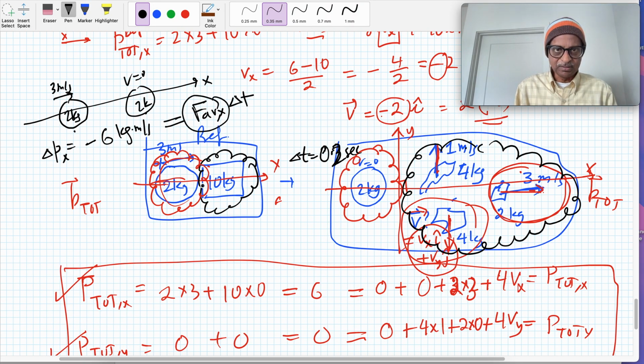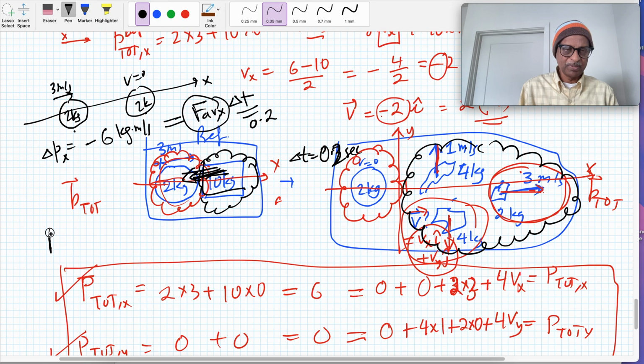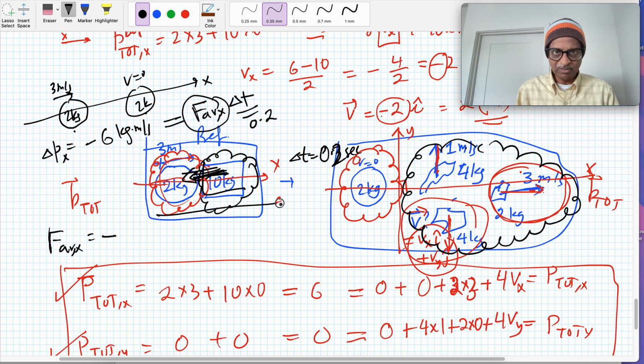This is the average force that this box applied on this 2 kilogram, and delta t is 0.2 seconds. Clearly average Fx is negative, because the positive axis is that way, so the force is opposite, which makes sense. The ball was moving, got stopped. So this is minus 6 over 0.2, which is 60 over 2, minus 30 Newton.